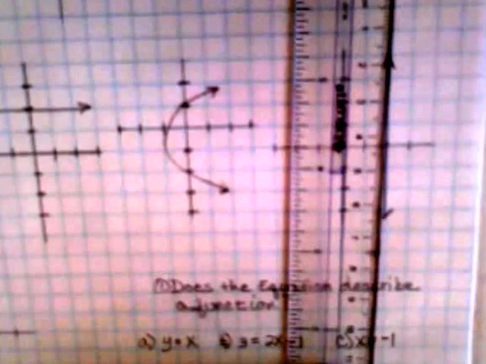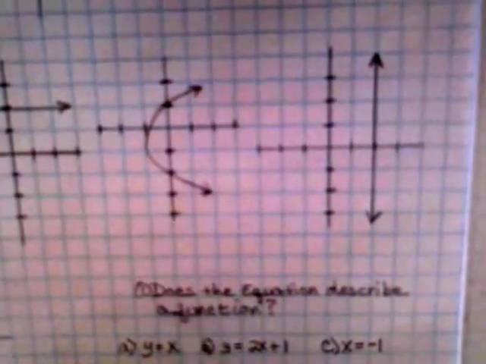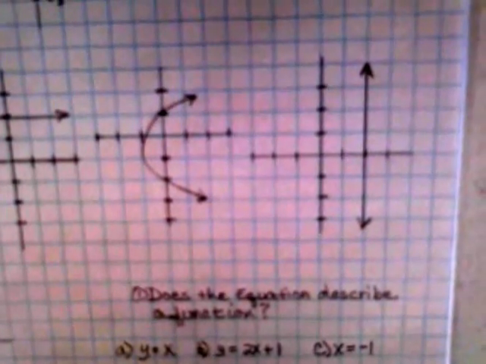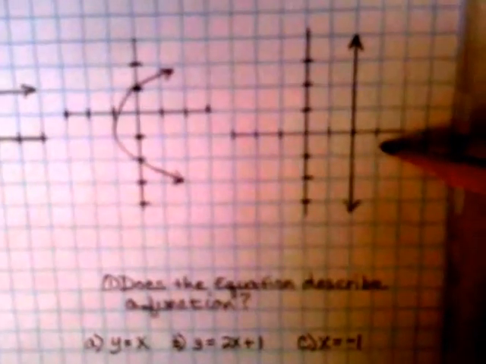If x is repeated, it can't be a function. And then we look at this last one over here, and we say, okay, every single x is the same. It's repeated all the way down. So this one definitely does not pass the vertical line test. So we know this one is not a function.